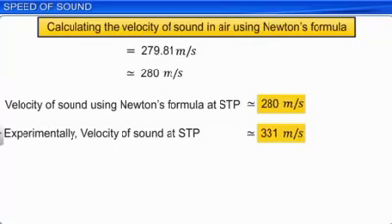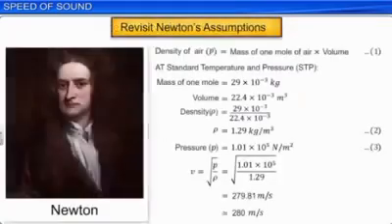It was Pierre-Simon Marquis de Laplace, a French mathematician and astronomer, who pointed out that the speed of sound in air depends on the heat capacity ratio.